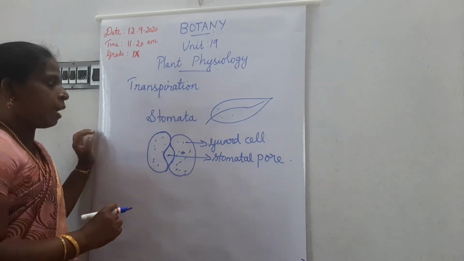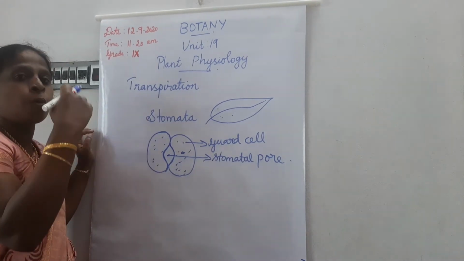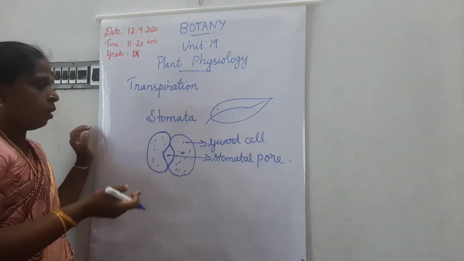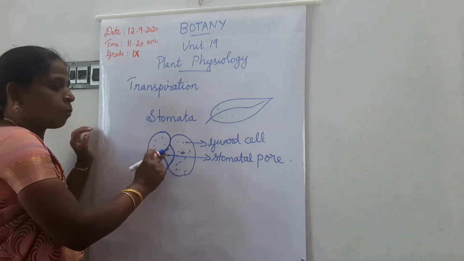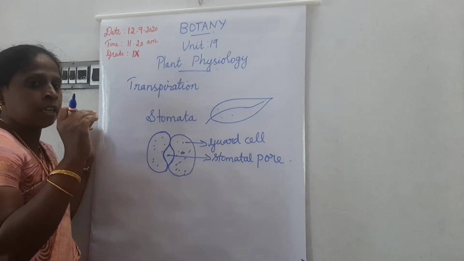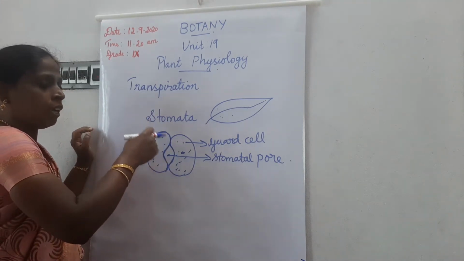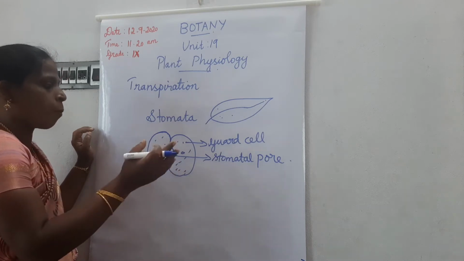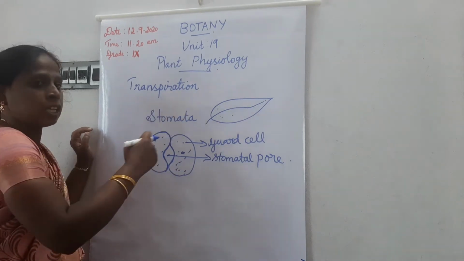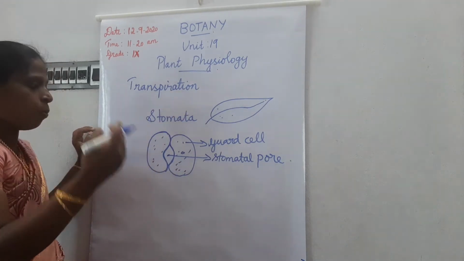So during daytime the transpiration is more than during night time. During night time the stomatal pore is closed, so transpiration does not take place. During daytime the stomatal pore is open, and that time the evaporation of water is more.